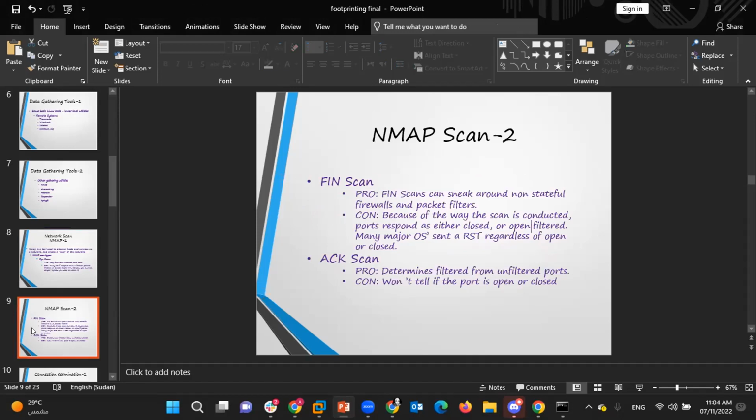So this is one type of the Nmap scan. Another type of scan Nmap can do is the FIN scan. FIN is regularly used to terminate the connection. If the connection is finished between server and client, this packet should be sent from point to point.